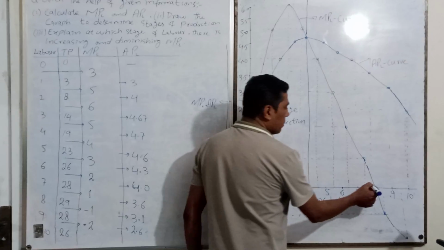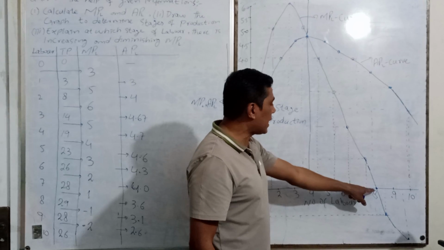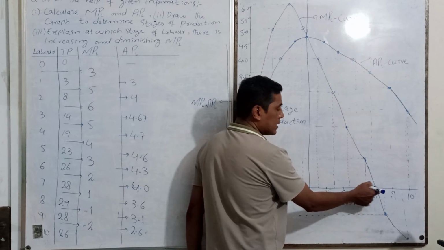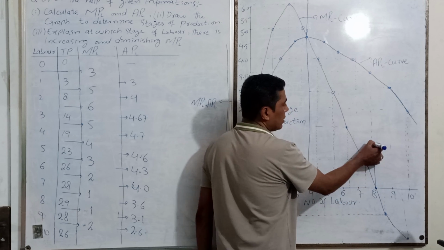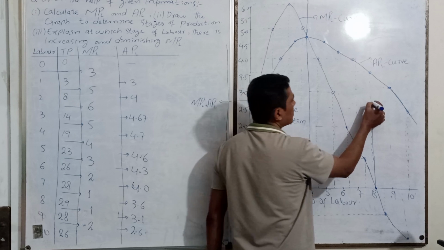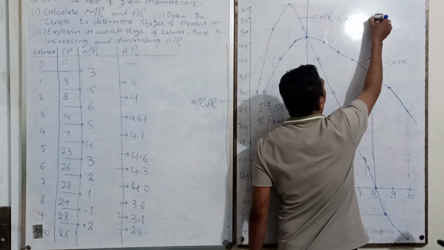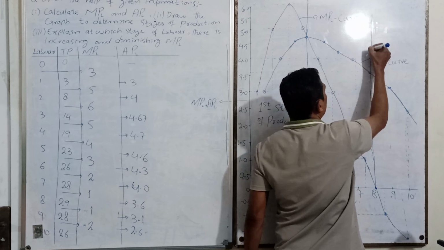And select this point here where marginal product intersects the x-axis. Again, where the marginal product intersects the x-axis, draw a vertical line going above. Again, I am drawing this vertical line.